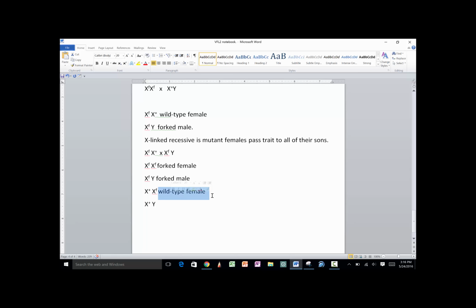And this is a wild type male. And so this is the F1 cross. And this is our F2.